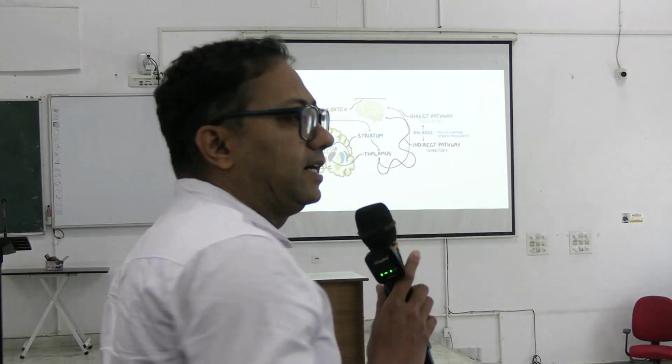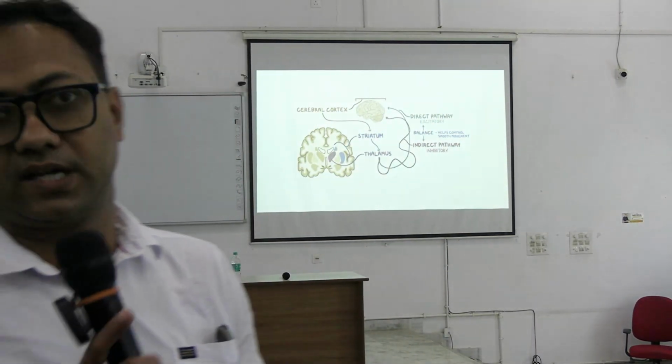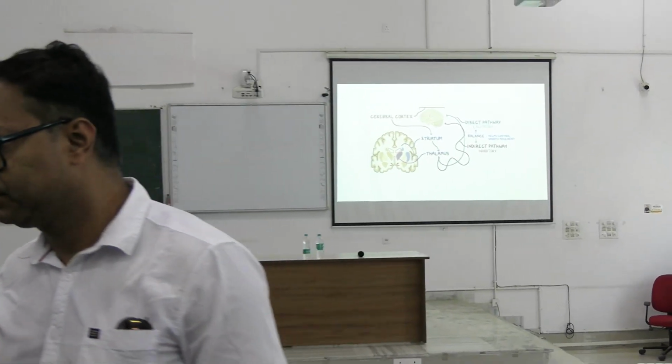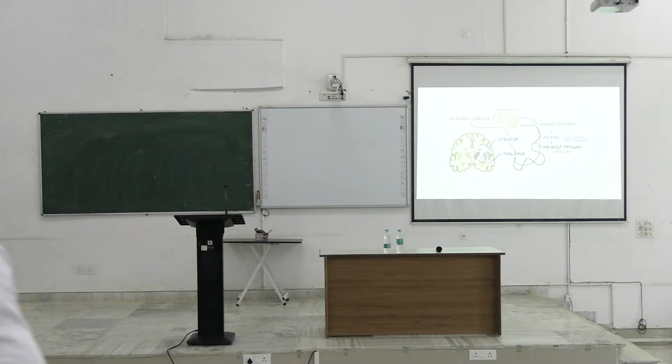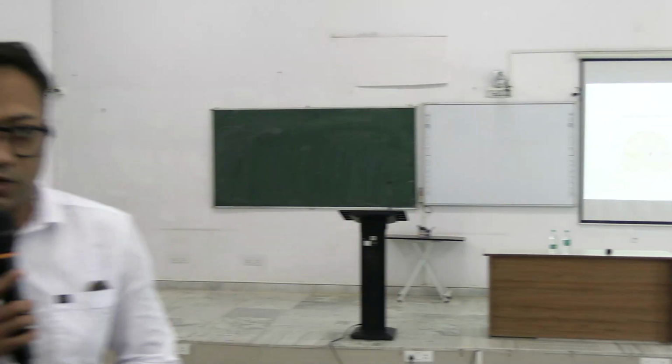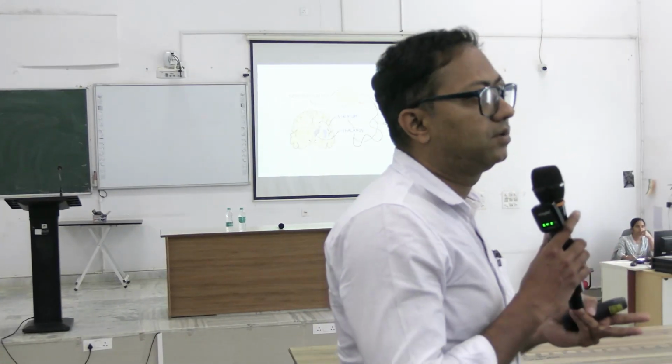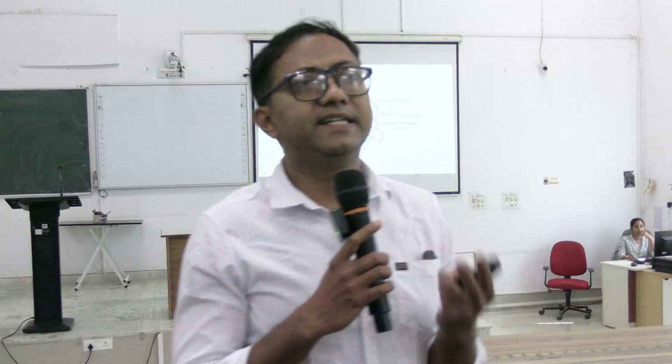Now, basal ganglia has connection with cerebral cortex, and it can connect with the cerebral cortex in two ways. One is direct pathway and another is indirect pathway.